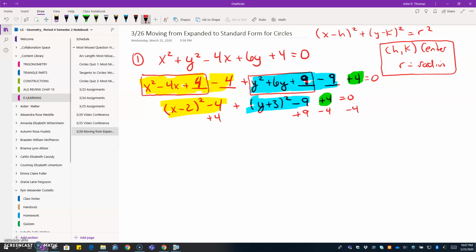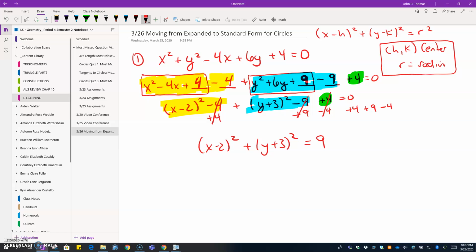So I added 4 to both sides, I added 9 to both sides, and I subtracted 4. These cancel, I'm left with x minus 2 quantity squared. These cancel, I'm left with y plus 3 quantity squared. These cancel. Then over on the other side, I've got negative 4 plus 4. They cancel, and I end up with a 9.